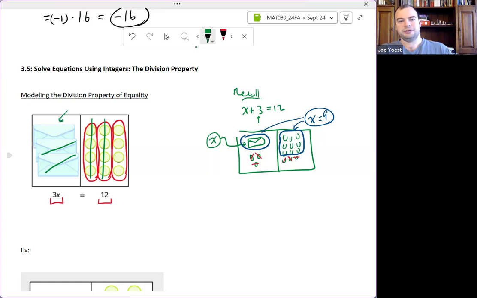So I see that 1 envelope has to be associated with 4 counters. So X should be 4.